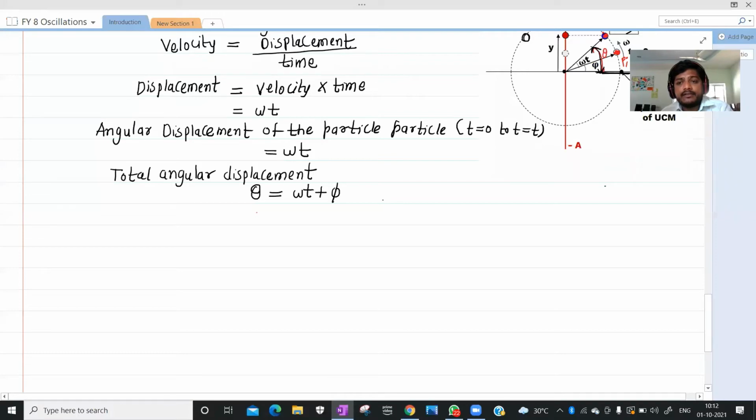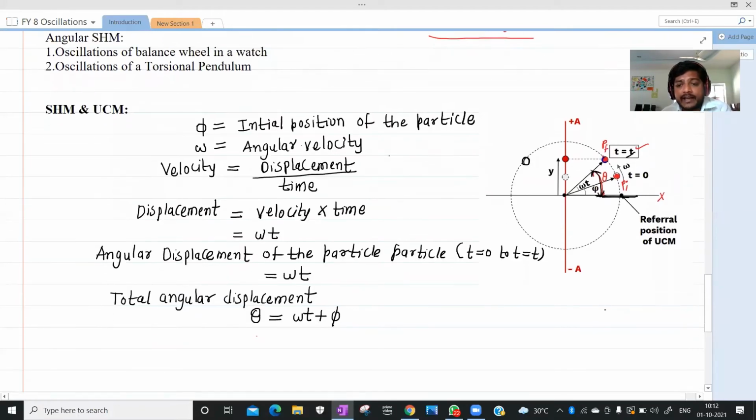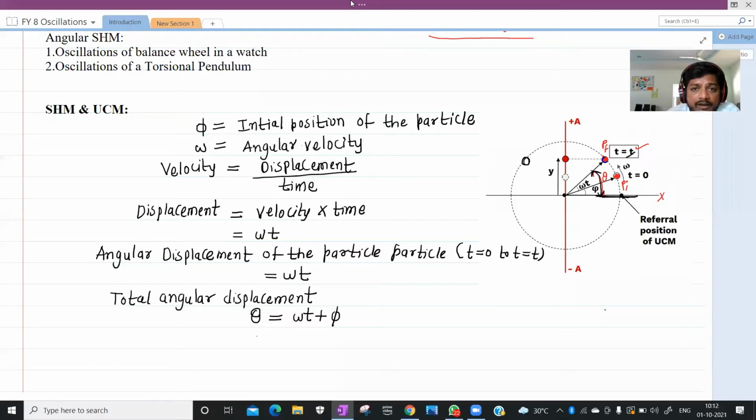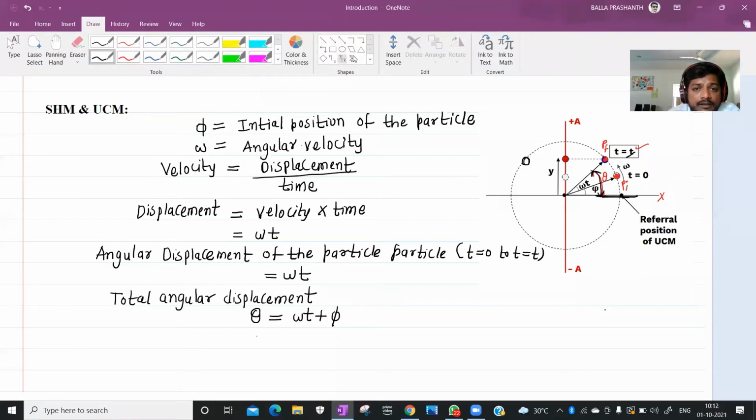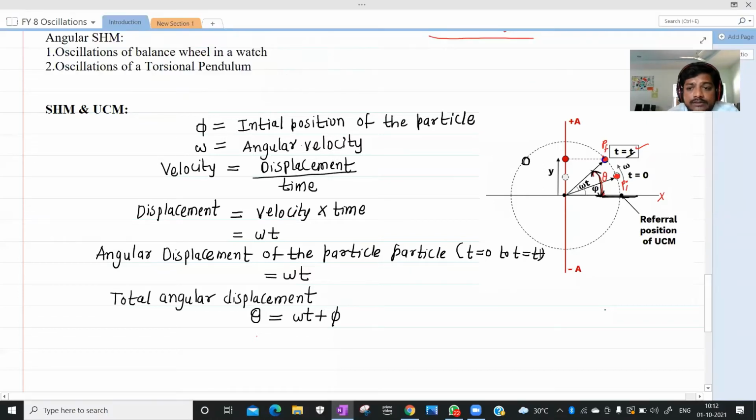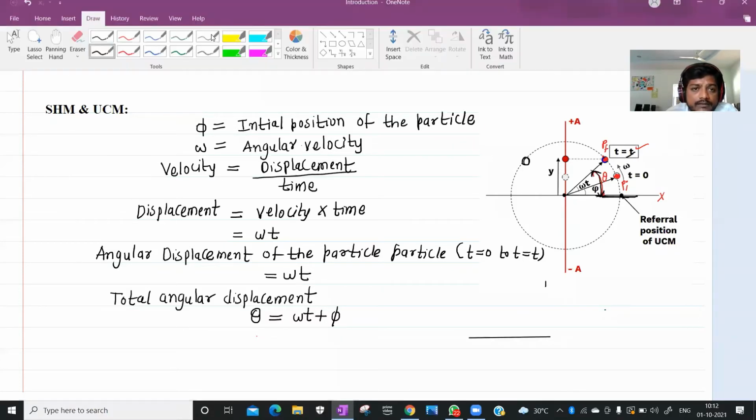This is one thing. From this diagram, I will redraw it. Let me draw this diagram. Okay, I will redraw this diagram here.